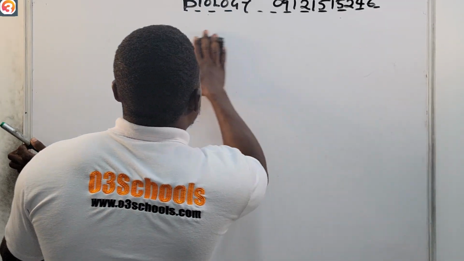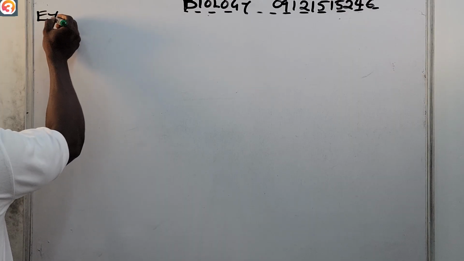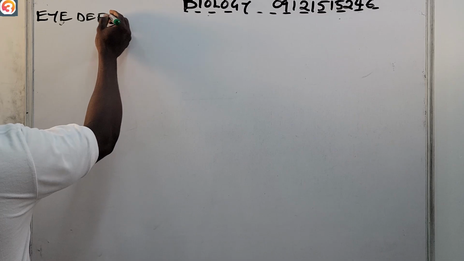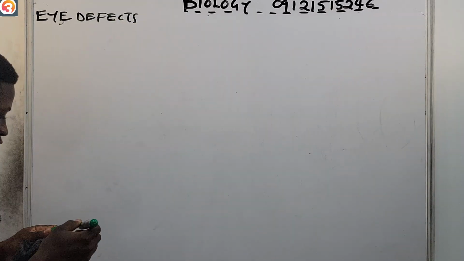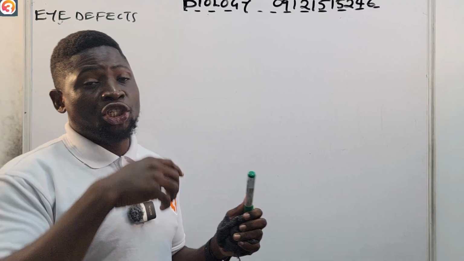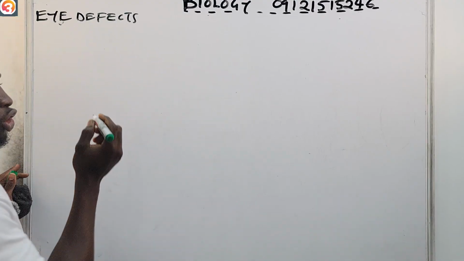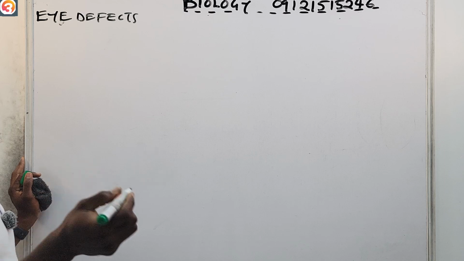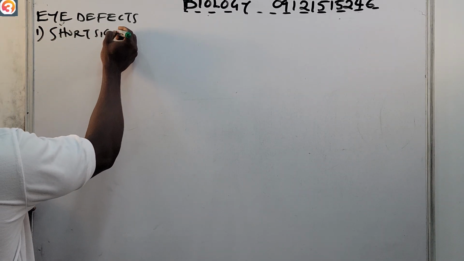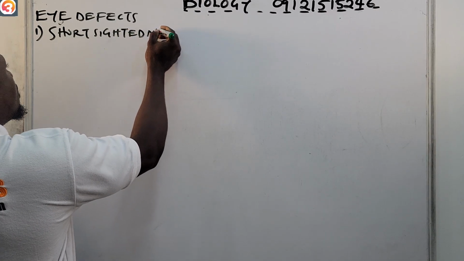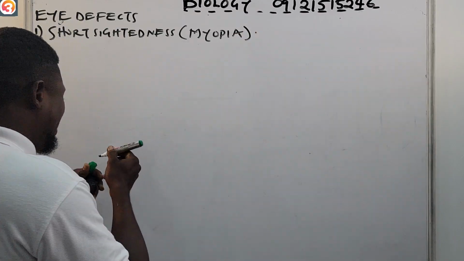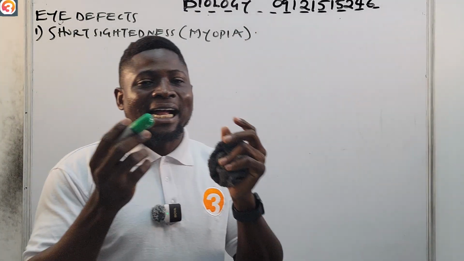So now let's look at eye defects. Let us quickly begin, and the first one I'm going to look at is short-sightedness, which we call myopia. It's very easy to differentiate between short-sightedness and long-sightedness.